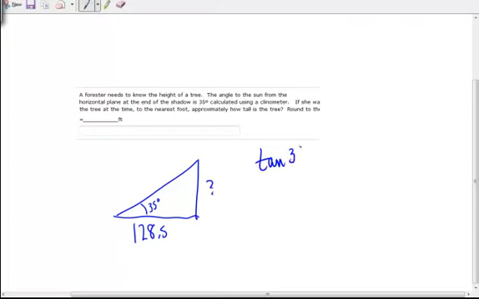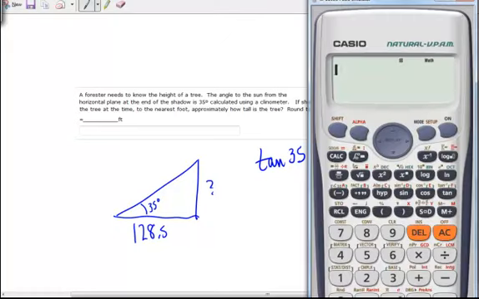Tangent of a 35 is opposite over adjacent. Multiply those two together. So on our calculator, we would take 128.5 times tangent 35, and then when we pressed equal, that would be how tall the tree is. Next one.